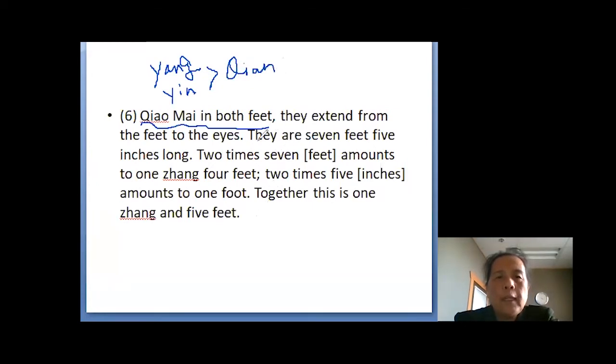Start from feet to the eyes. There are 7 feet, 5 寸, means 7.5 尺 or feet.